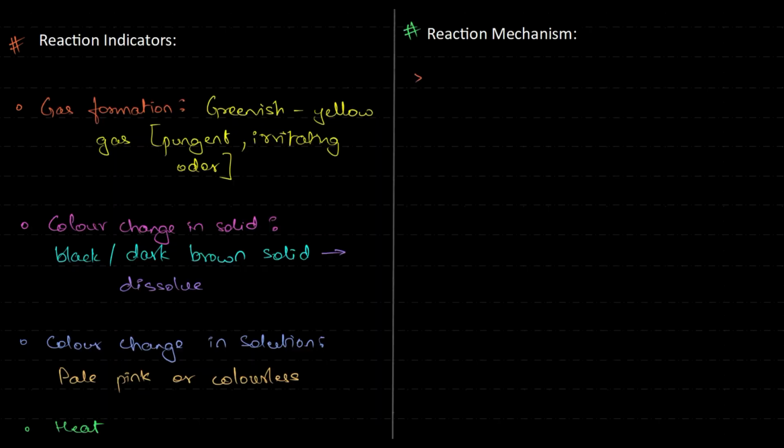Okay. Now let's move forward. So we are looking at reduction. Now reduction has to do with, yes, gaining of electron. MnO2 contains 4 plus. Again, let me write before and after, that makes more sense.